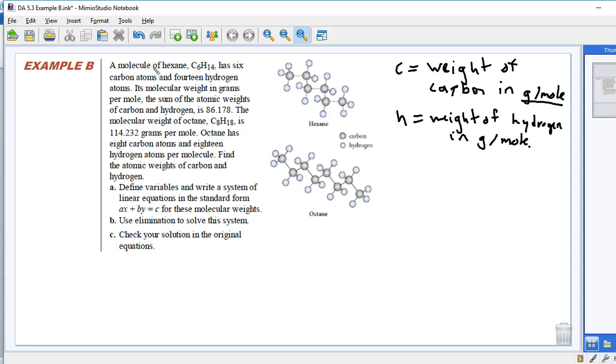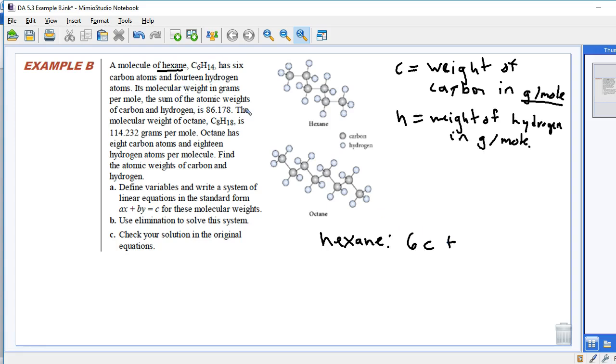I'm looking at hexane first, so I'm going to write my equation for hexane over here. I know that I have C6H14. We have 6 atoms of carbon, so it's 6 times the weight of the carbon, plus how many atoms of hydrogen?